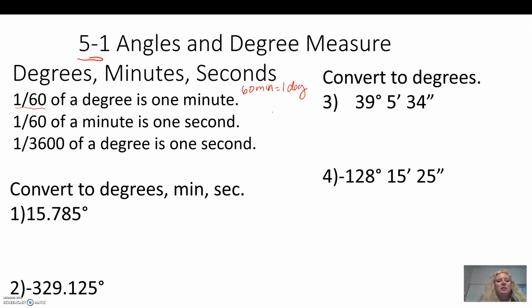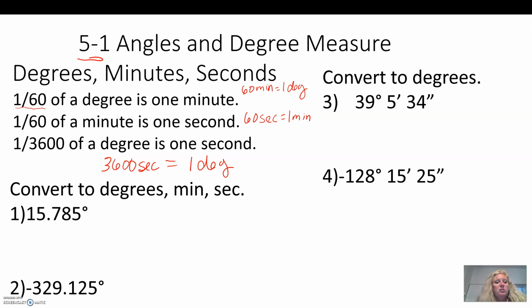Next one down, 1/60th of a minute is 1 second. That just means that 60 seconds equals 1 minute, just like in time. And then 1/3600 of a degree is 1 second. That just means that there are 3,600 seconds in 1 degree. That's all that means.